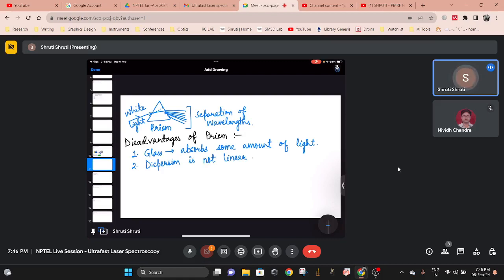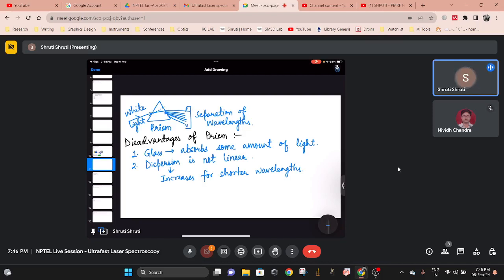Dispersion is not linear means that there will be more dispersion of the shorter wavelengths, which means we will have shorter wavelength violet here, red here.